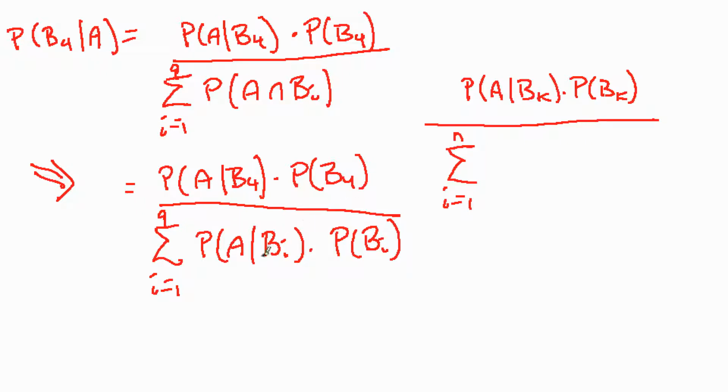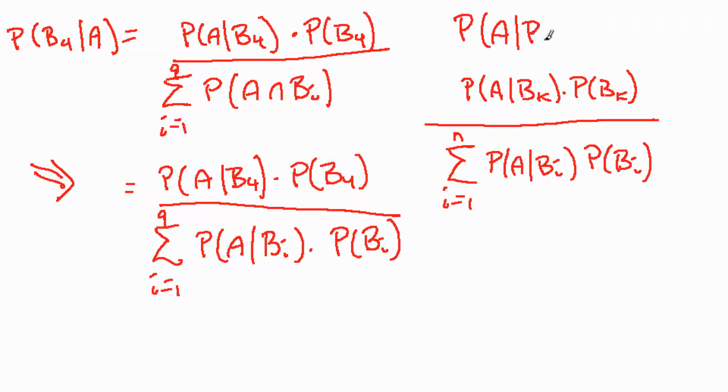And now, n isn't 9, it could be any number, P of A given B sub I times P of B sub I. Oh no, I'm sorry, that's incorrect.